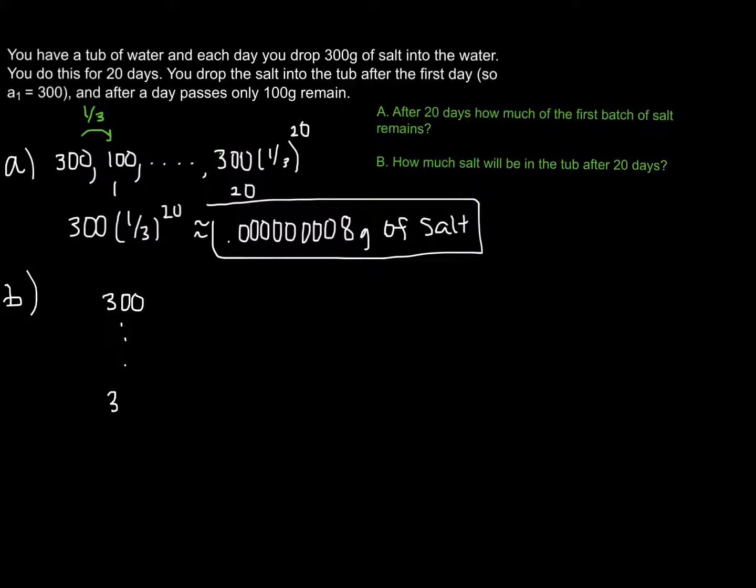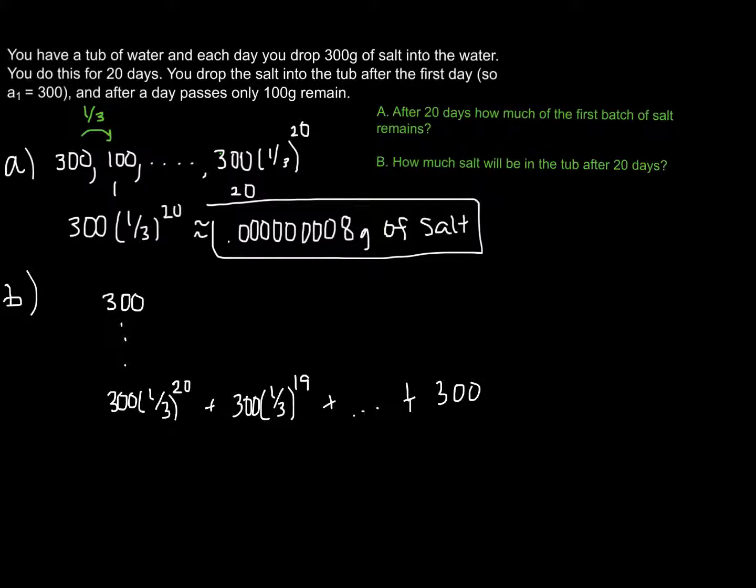So the first one is going to be 300 times 1/3 to the 20th. The next one is going to be 300 times 1/3 to the 19th. And this is going to continue all the way out until I have 300, right? The amount that I dump in at the very end.